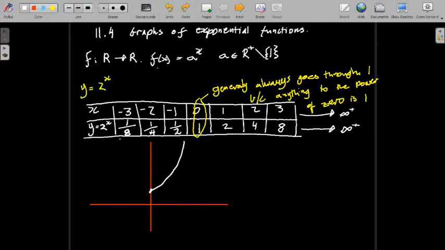As we decrease our x values, we get smaller and smaller and smaller, and we're heading towards 0. Okay, we're never going to reach it, so it's actually our asymptote. So you get closer and closer to that line, but never touch it. So that's what 2 to the power of x is. And we always go through 1 unless we've been moved up or down.